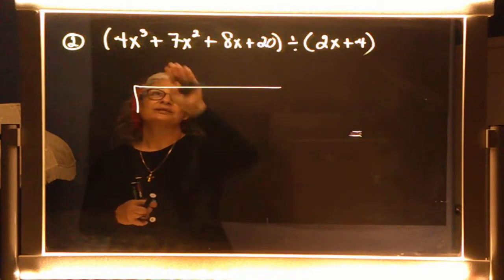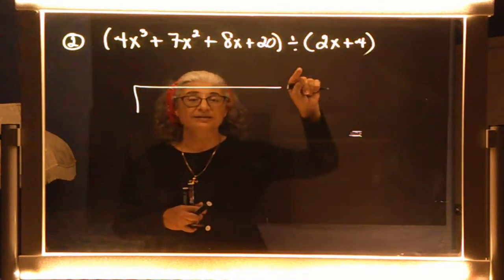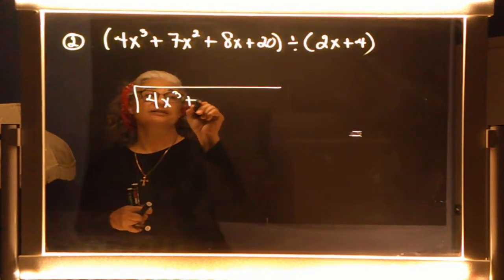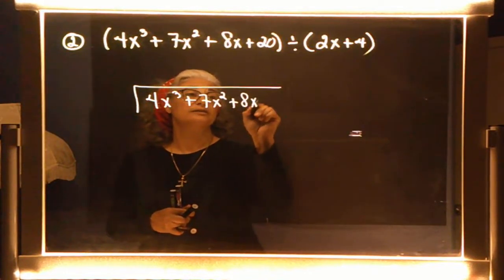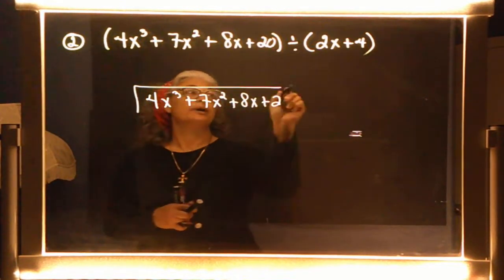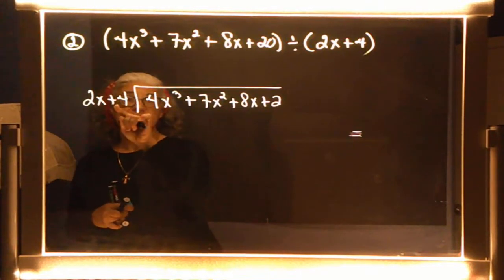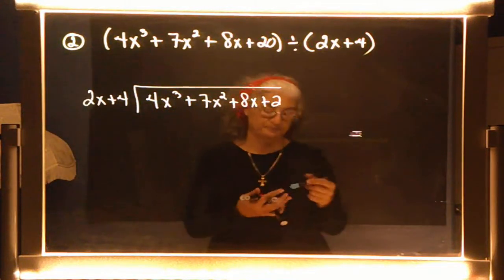The first one, because I'm taking this third degree polynomial and dividing it by the second one. So, 4x cubed plus 7x squared plus 8x plus 20 goes underneath. And I'm dividing it by the 2x plus 4. I'm trying to take 2x plus 4 and put it into this third degree polynomial.